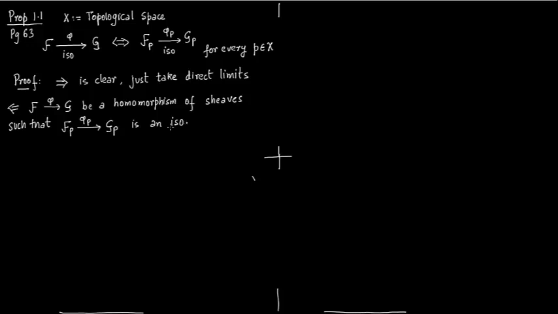So at the sheaf level we know the morphism of sheaves is nothing but F(U) to G(U).